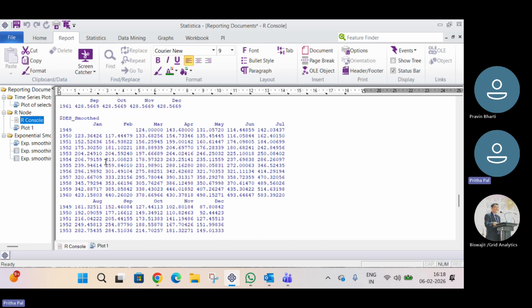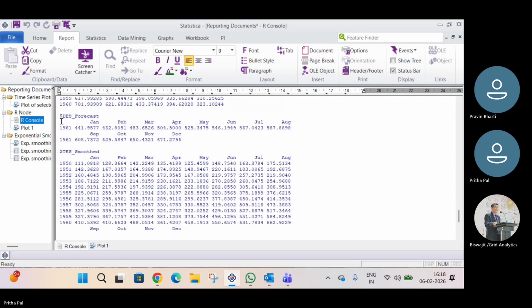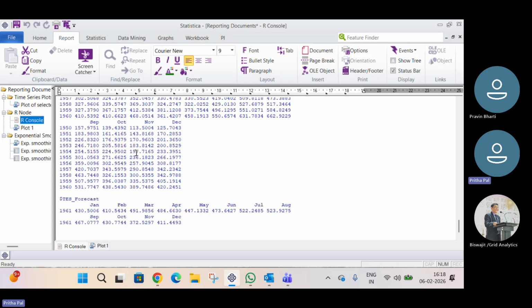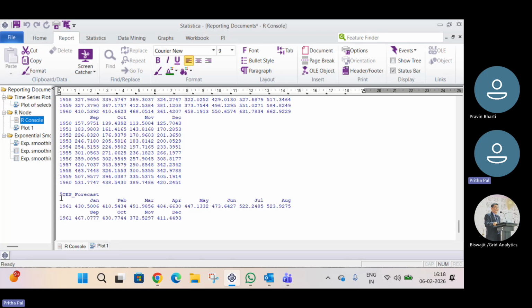Again, below is the DES forecast, the forecasted value of the double exponential smoothing method for January 1961 to December 1961. And next, below, we can see the forecasted value of triple exponential smoothing from January 1961 to December 1961.